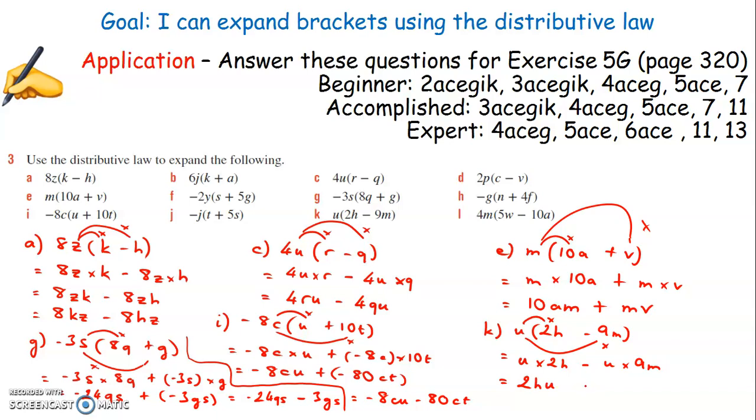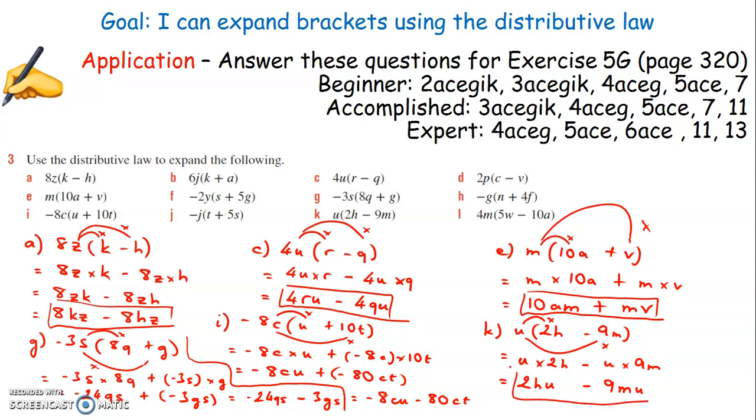And again, bring the minus sign down, and u times 9m is 9mu. And this is it, so these are the answers. I hope that this helps you with question 3 of exercise 5G.